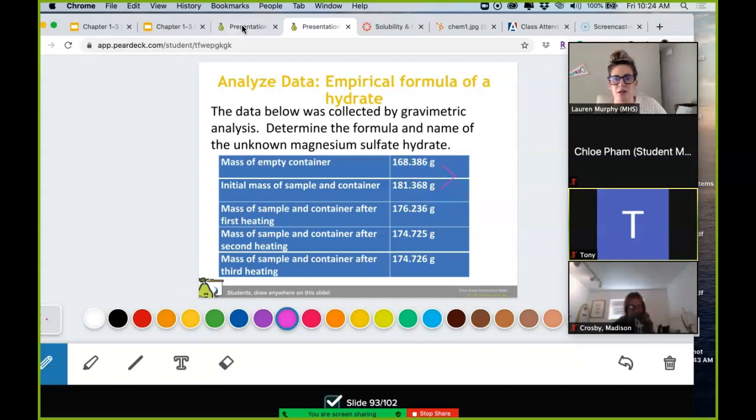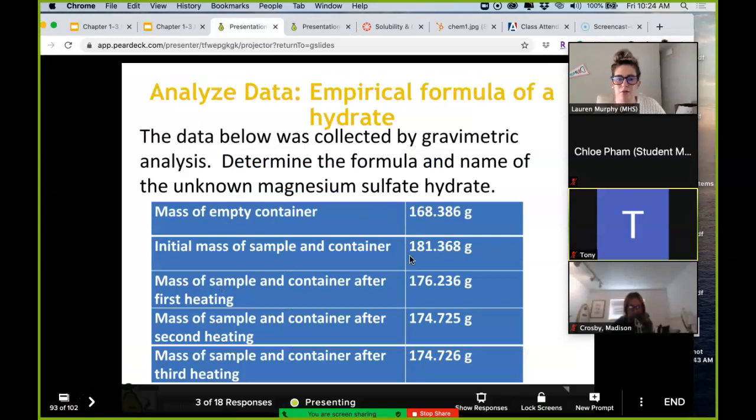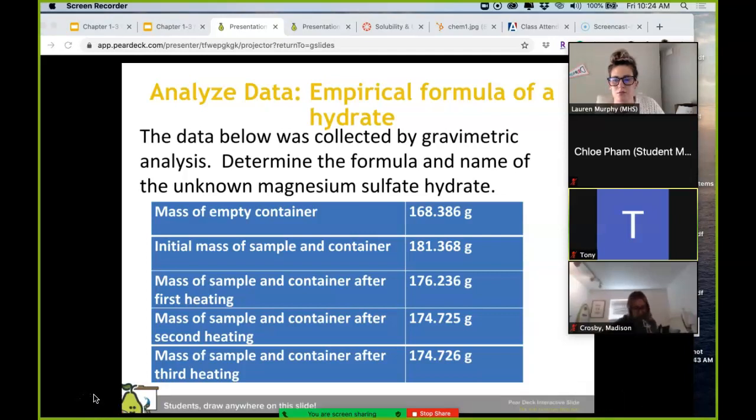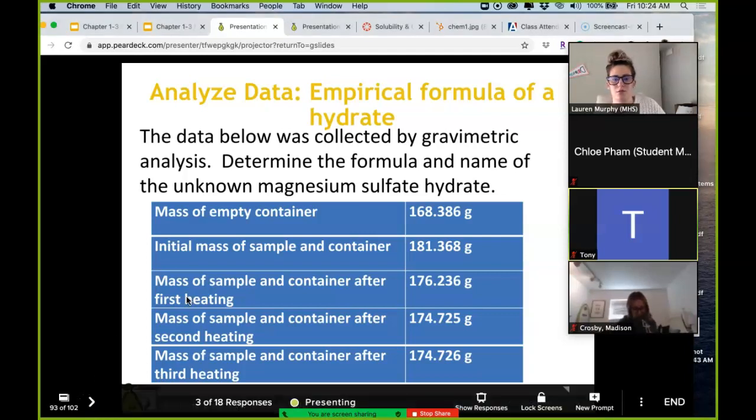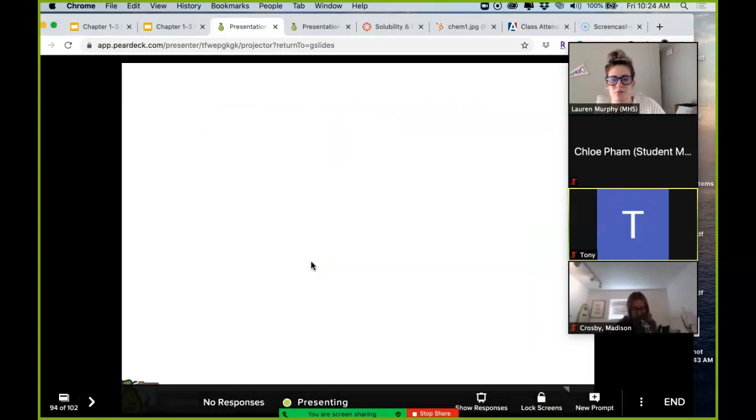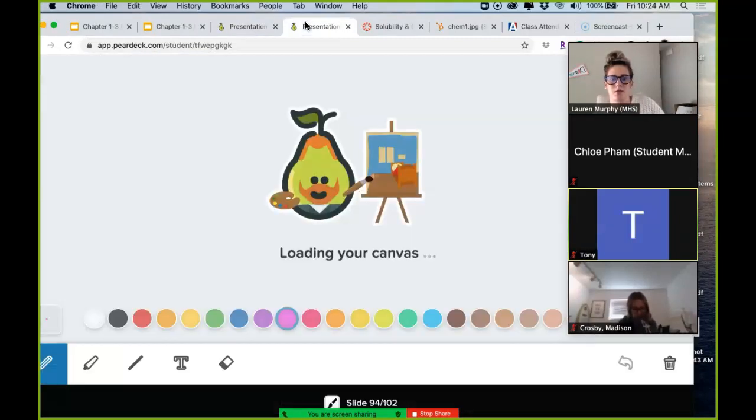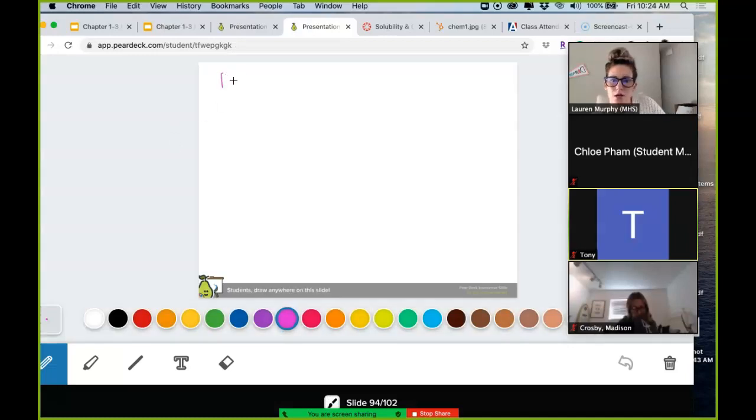So I'm going to do that. I'm going to have to flip back and forth. So 181.368 is the hydrate and the container.